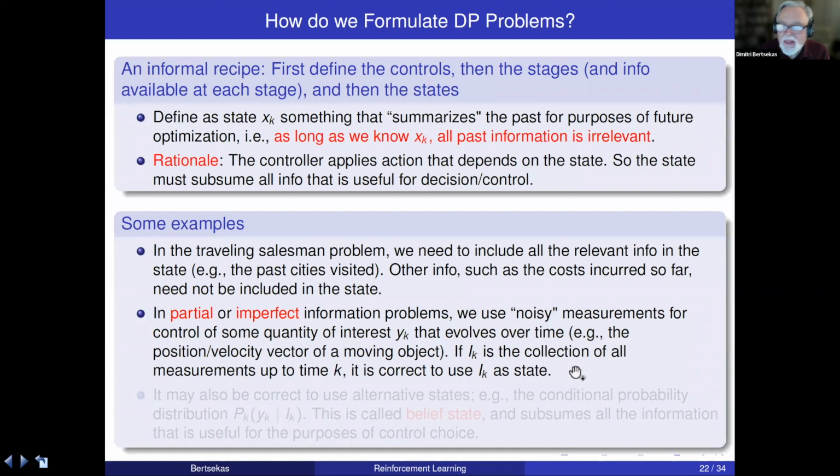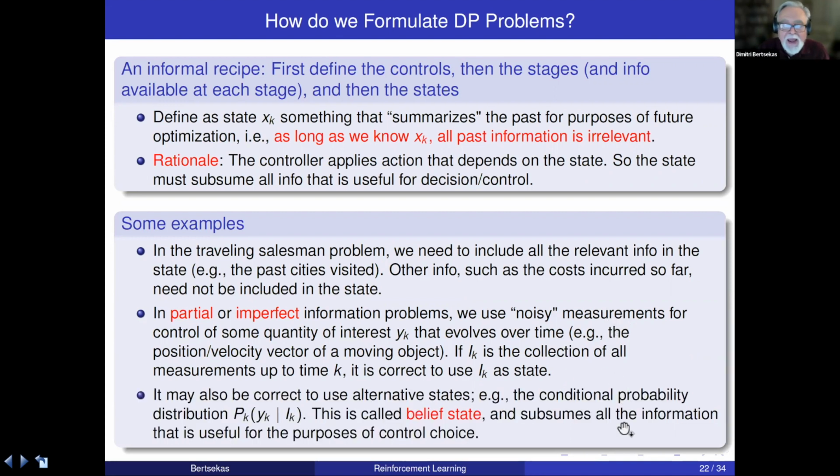However, there are also alternative possibilities of state choice that contain the same amount of information. One such possibility is a probabilistic state, so to speak: the conditional probability of the quantity of interest, yk, given the information we have obtained so far. So we would like to know yk, but we don't know it.